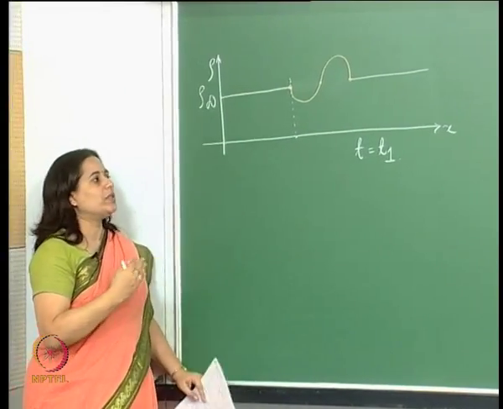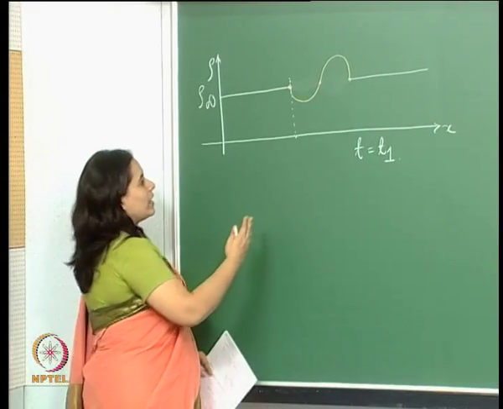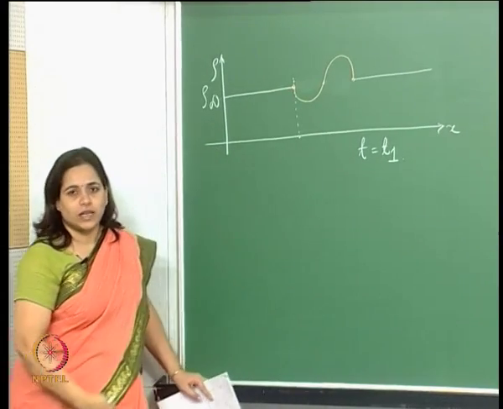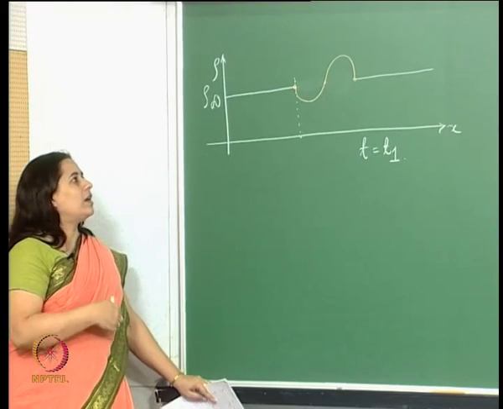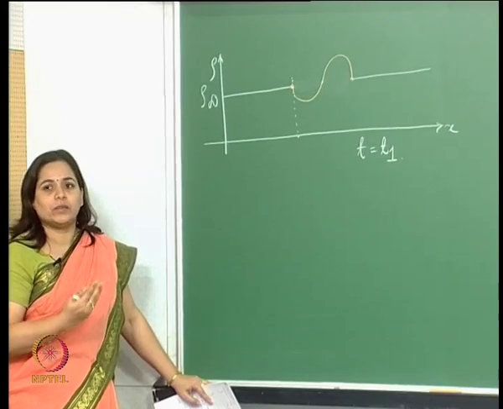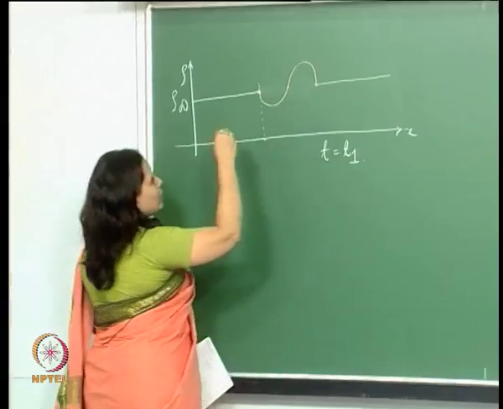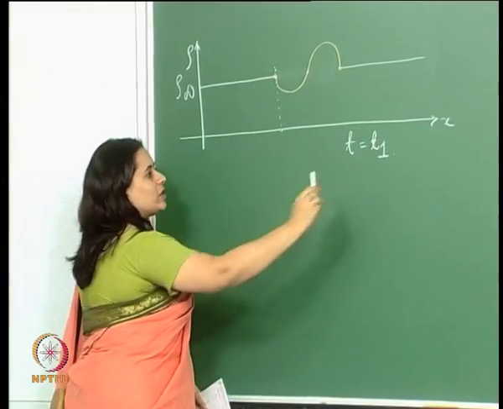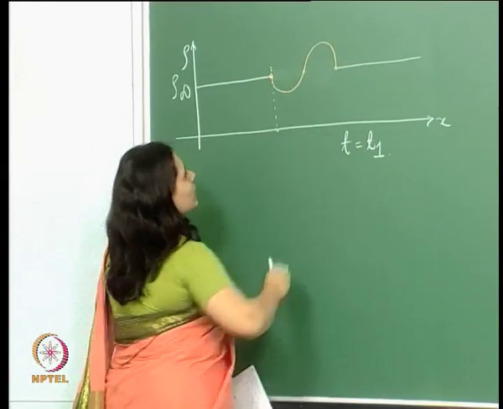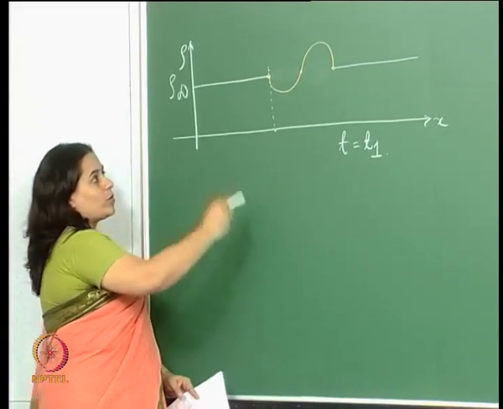So, what we will try to look at is how this looks as we go further down x, and also at a different instance of time. This is what we are trying to look at when I say the propagation of a disturbance. If I keep going further down in the x direction, what will this disturbance do?